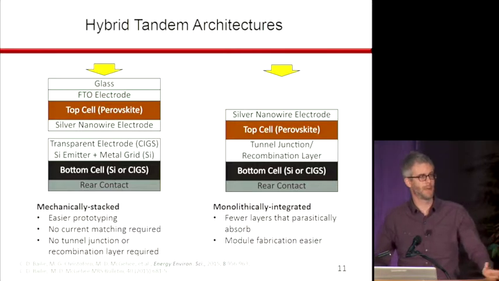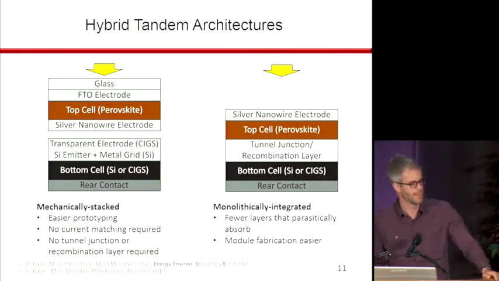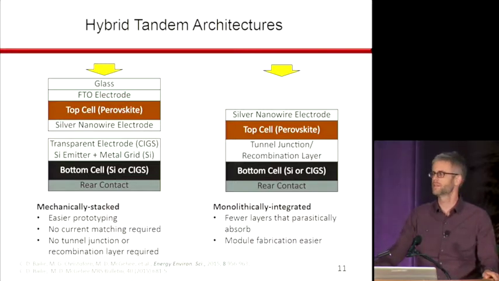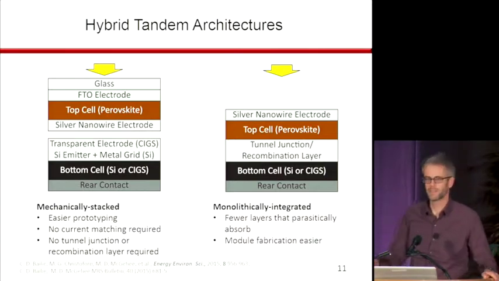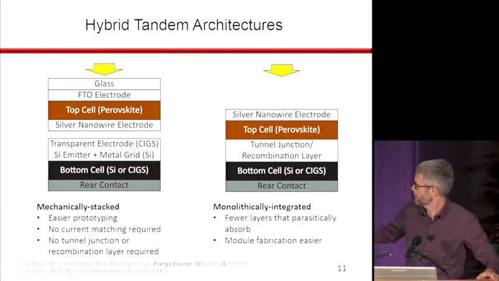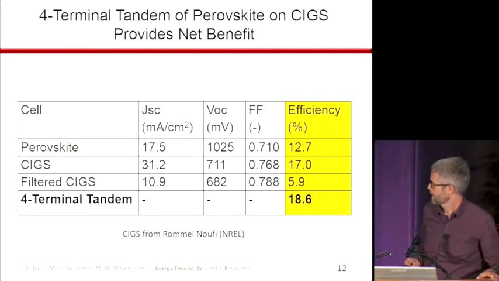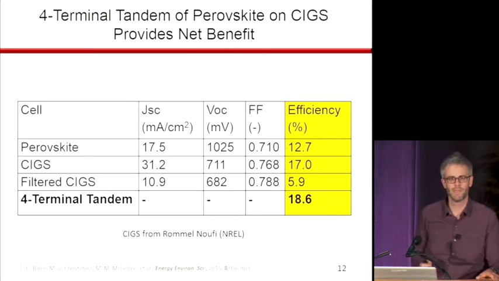It's certainly easier at the prototyping stage because we only needed one silicon solar cell from MIT and one SIG solar cell from NREL, and we could keep reusing them. When we build 2-terminal tandems, we're using solar cells as our substrates, and we can go through hundreds of them pretty quickly. So we started with the 4-terminal.